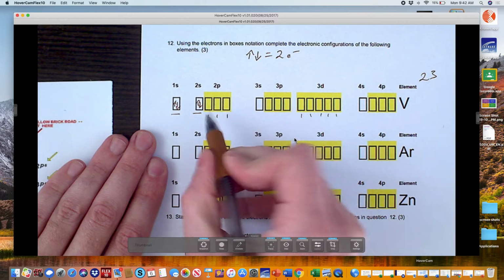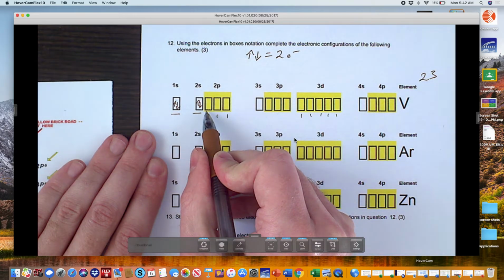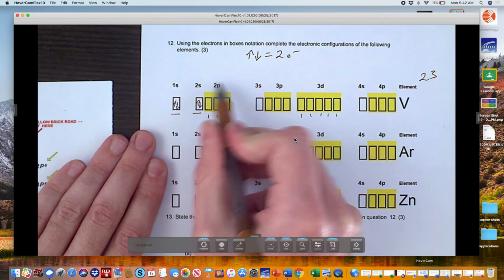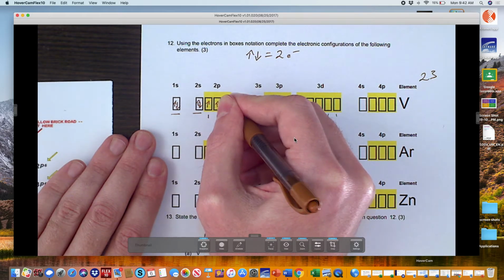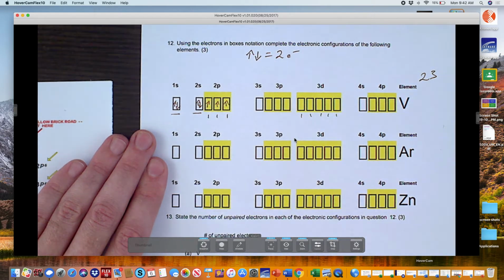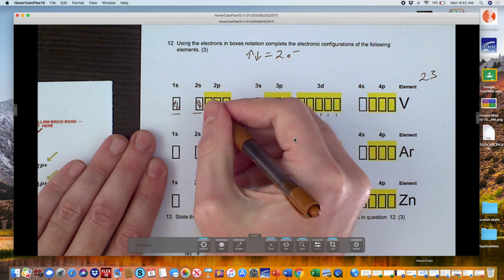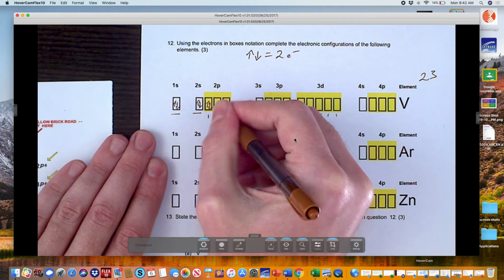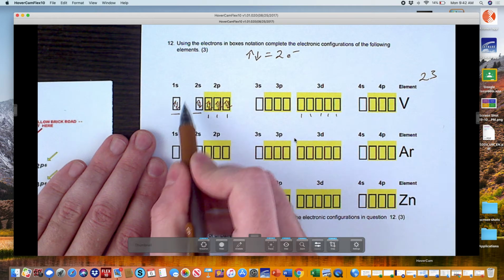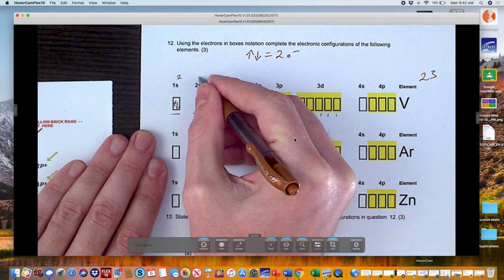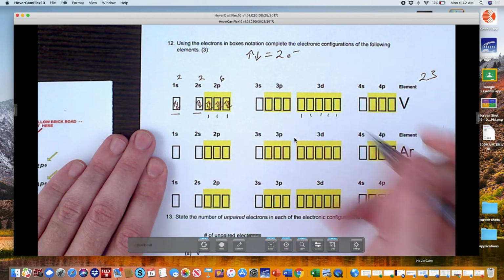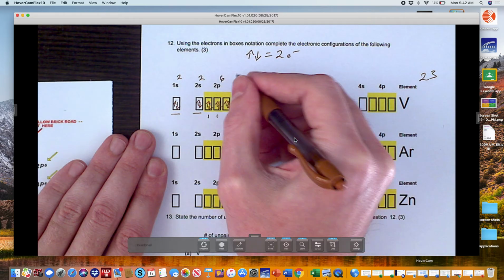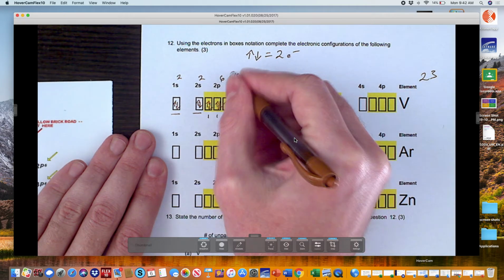Now, when we get into boxes with the next energy level, we're going to first fill each one of these rooms with 1 electron. And then we're going to go back and fill it with the second one. It doesn't really make sense quite yet why we do that. So I've got 2, 2, 1, 2, 3, 4, 5, 6. And so that puts us at 10 total.